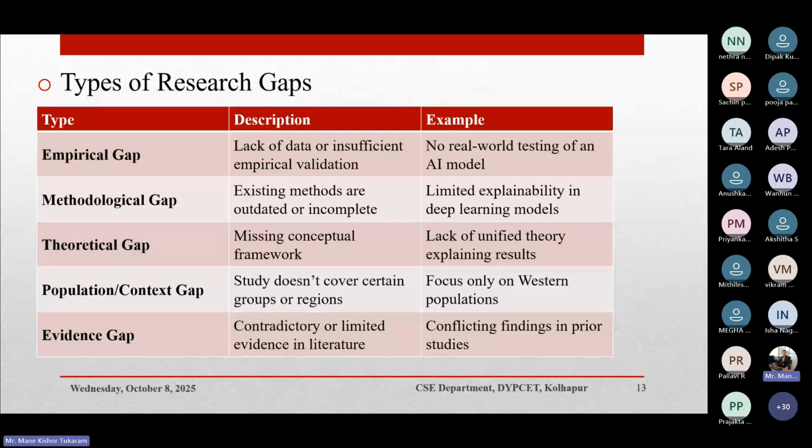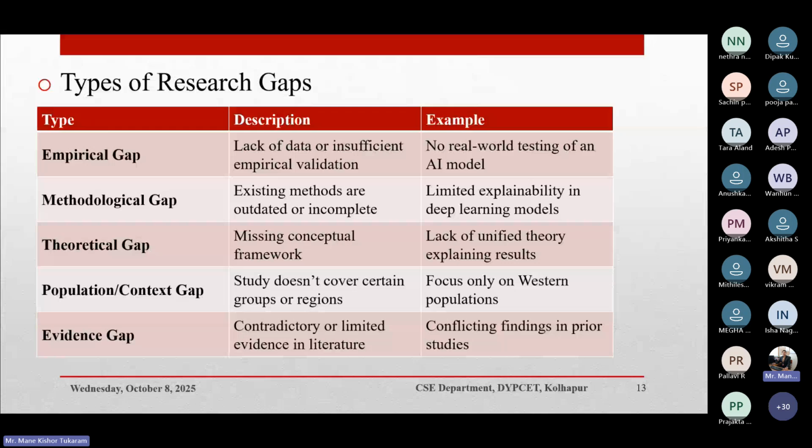Then population or context gap means what? The study doesn't cover certain groups or regions. Okay, so some studies are based on, suppose I'm taking a deep learning paper, but instead of deep learning, there are a lot of advancements coming with the help of agent AI, or they are using large language models.